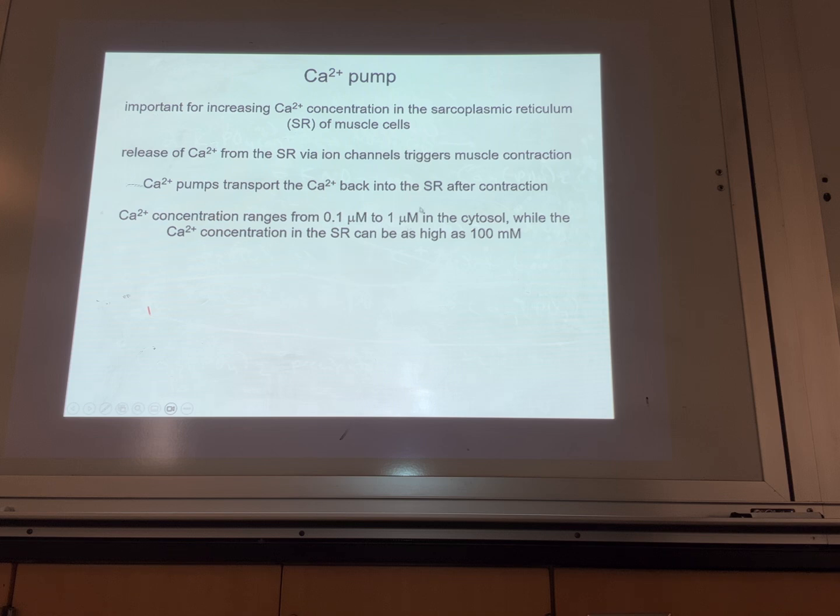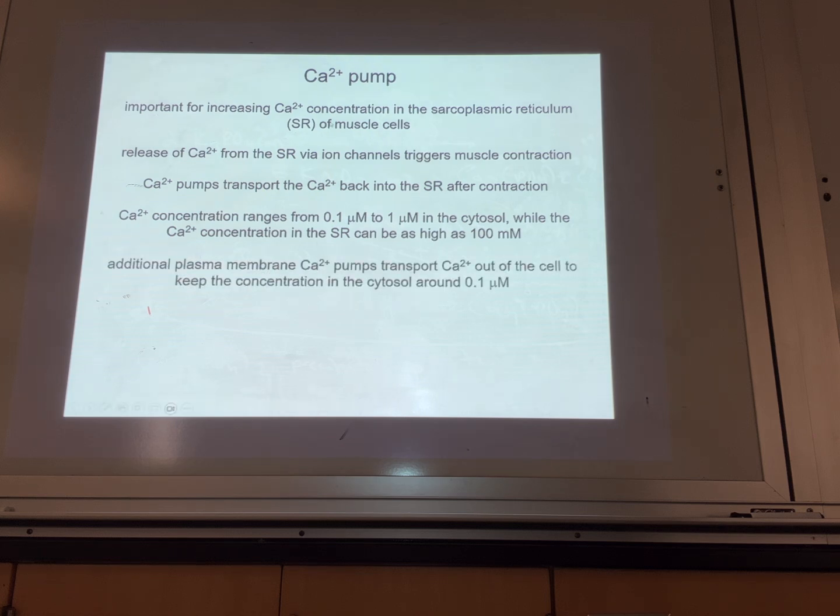And it stays very low in the cytosol, 0.1 to 1 micromolar concentration, whereas in the sarcoplasmic reticulum, it can be as high as 100 millimolar. That's a huge difference there. That's about 5 orders of magnitude, or almost 6 orders of magnitude. So big difference in the concentration from the cytosol, where it's really low, to the sarcoplasmic reticulum, where it's really high.